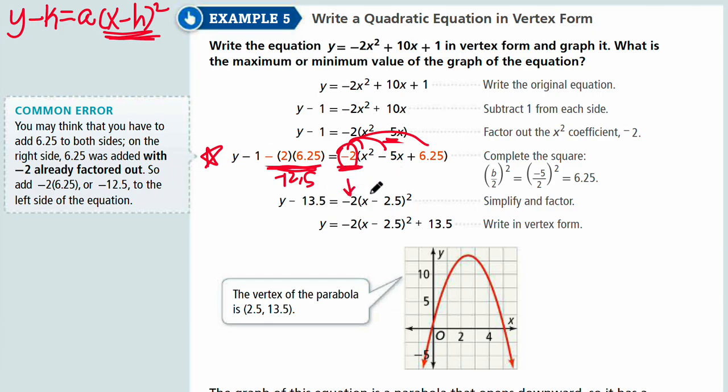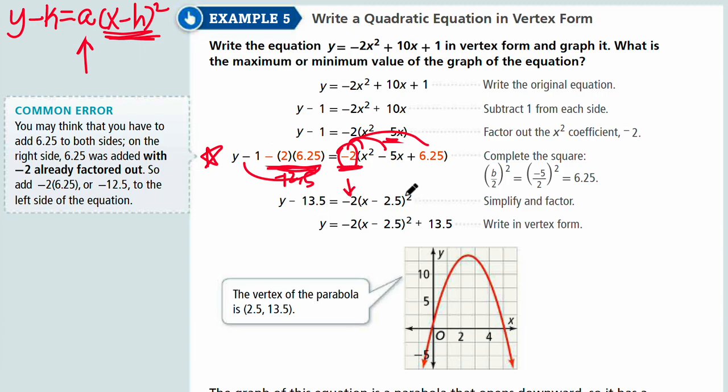And this is where it should actually be, right? Your a needs to be here. And so you're gonna keep it there. And then whatever remaining would be your k. Y minus 13.5 would be your constants over here, right? Negative 12.5 minus 1 would be negative 13.5, and that's going to be your k, 13.5.